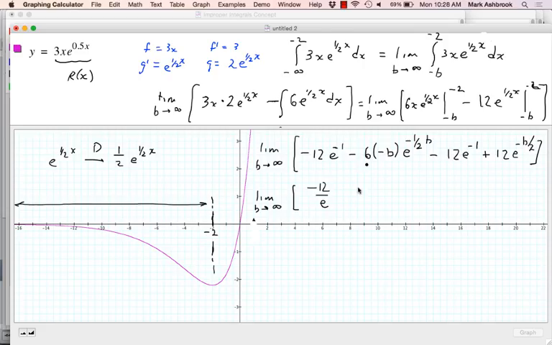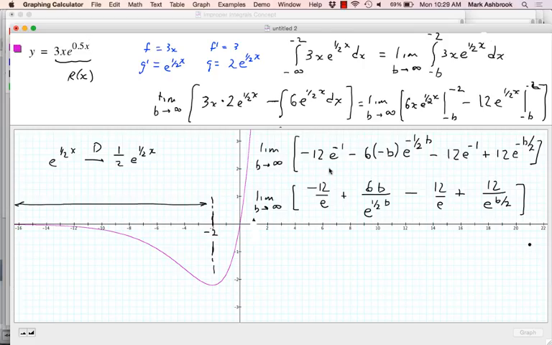So this would be plus, I'll write this as plus 6b over e to the 1/2 b. And then minus another 12 over e. And then plus 12 over e to the b over 2. All right, now we're ready.